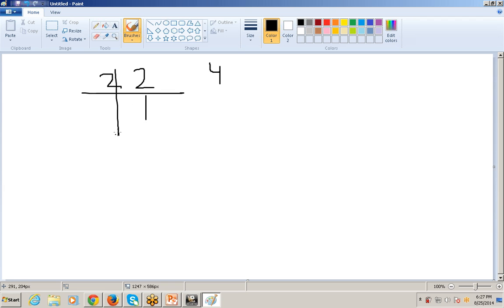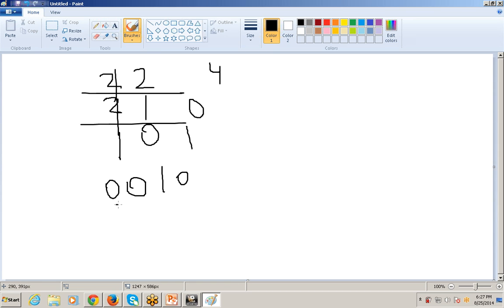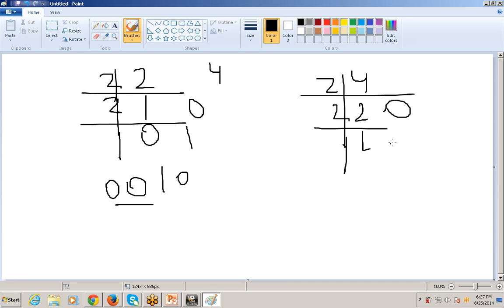This is 0, 0, 0, 1. Now I have to convert into 4 bits. This is 0, 0, 1, 0. I have to give the leading zeros. Now next is converting 4 into bits.